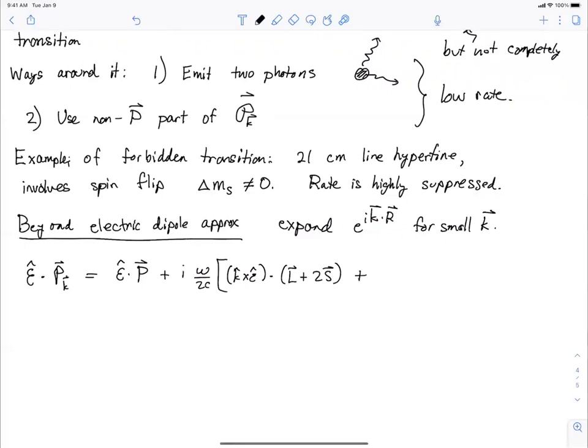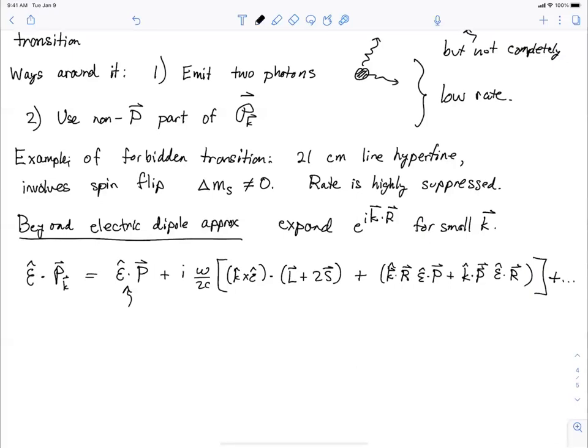And then there's a funny part that looks like this: k hat dot r, polarization dot p, plus k hat dot p, polarization dot r. Those are just the first terms in the expansion, and it goes on forever.